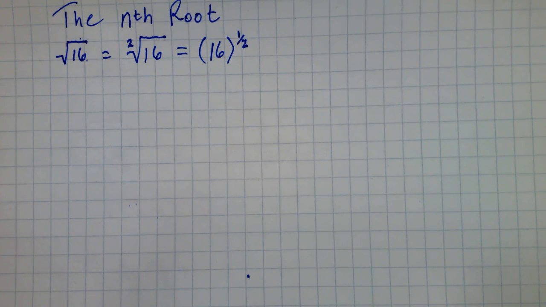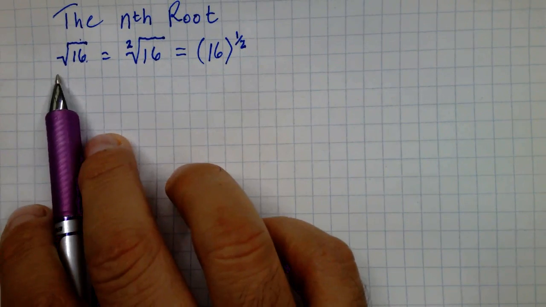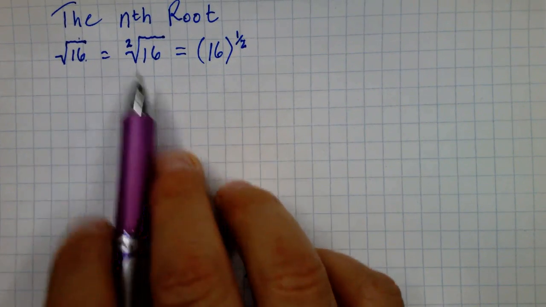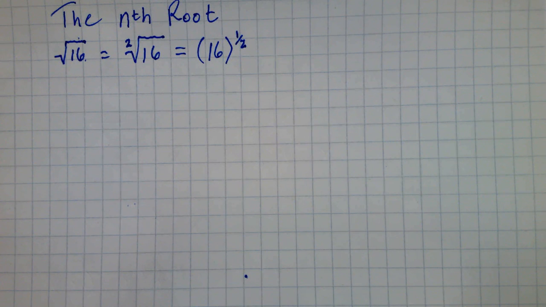So you may be saying, how does that work? Is that possible? This is kind of mind-blowing. Every root can be written without that radical symbol, this little radical symbol, but instead with an exponent. Turns out it's going to be a fractional exponent. Let me prove it to you.